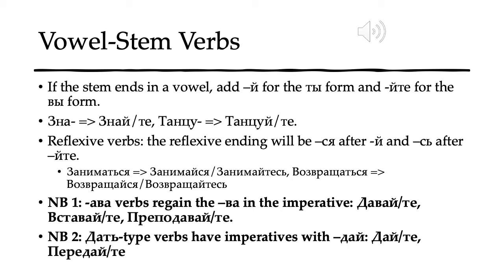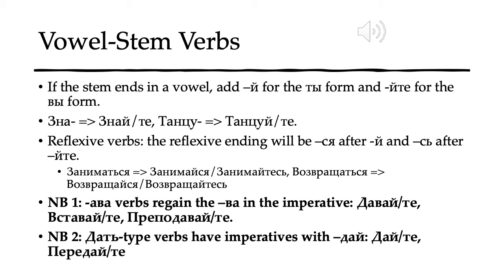You can also use it with vowel stem verbs that have a stem ending in е, like болеть, to be sick. You could say болей, болейте, like keep on being sick, man. Or я, as in гулять, to go for a walk. Гуляй, гуляйте. Things get a little tricky if we have a reflexive verb.